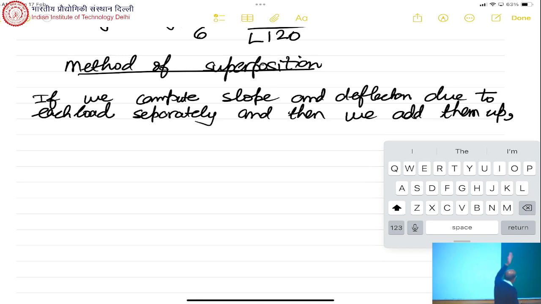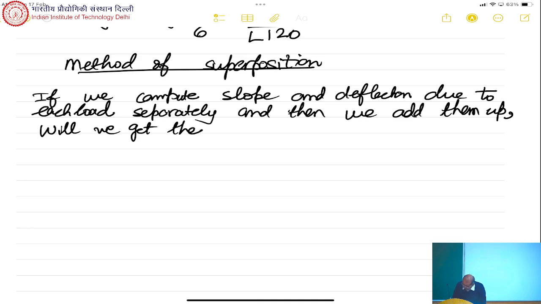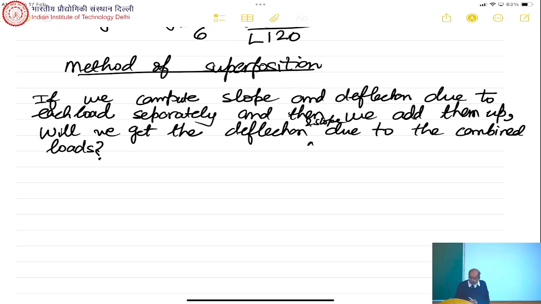Then, if I add them up, my question is, will we get the deflection and the slope due to the combined loads?